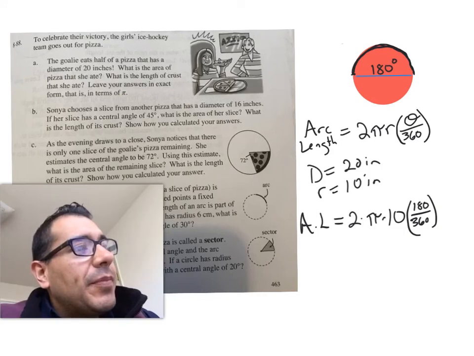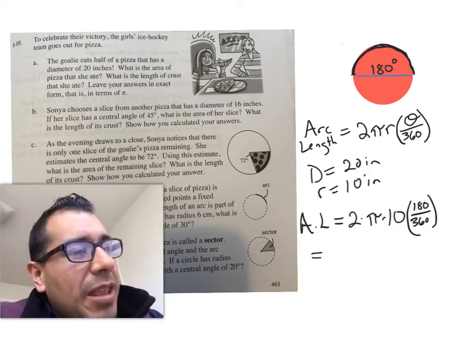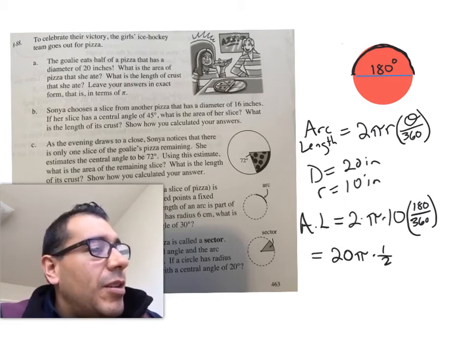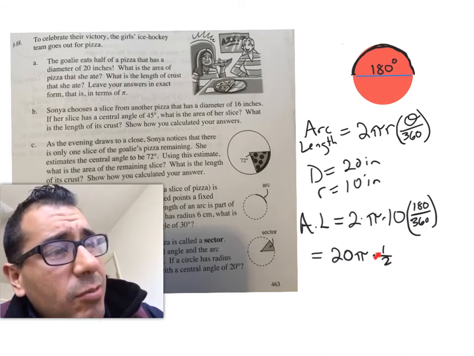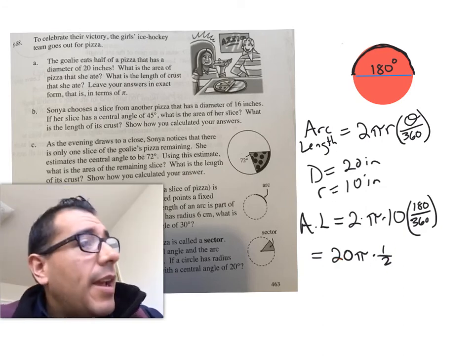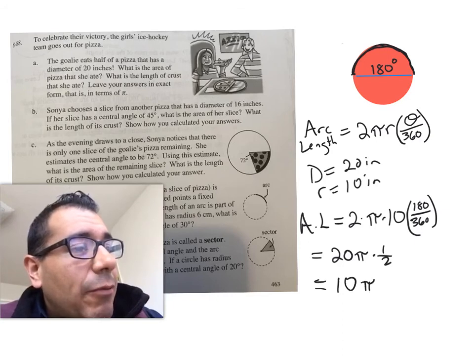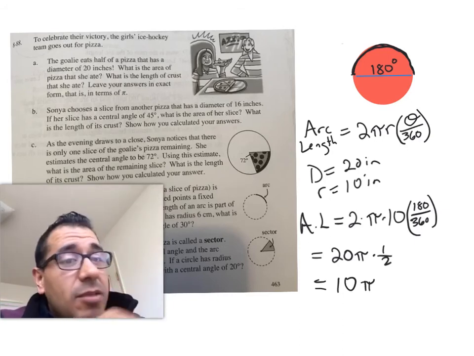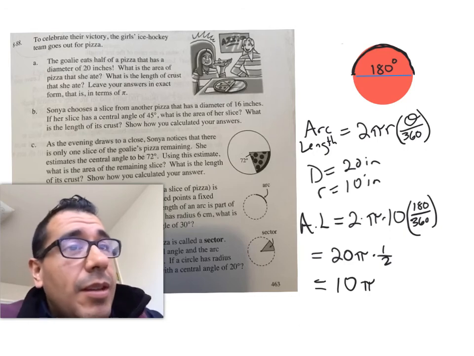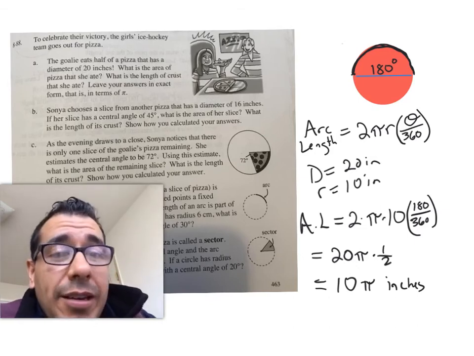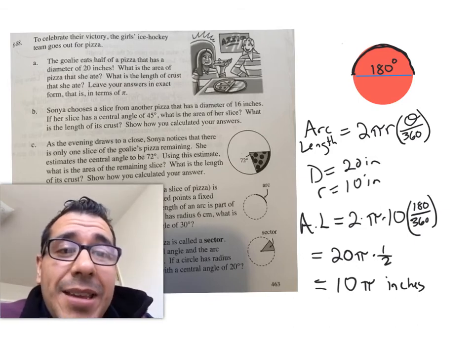All right, so let's do some math magic. So we end up with 20 pi times 1/2. No calculator needed here, because we're just taking half of 20. And half of 20, my friends, is 10. So we're left with 10 pi, and because we're talking about a length, and we're looking at inches, there's our arc length right there, 10 pi inches.